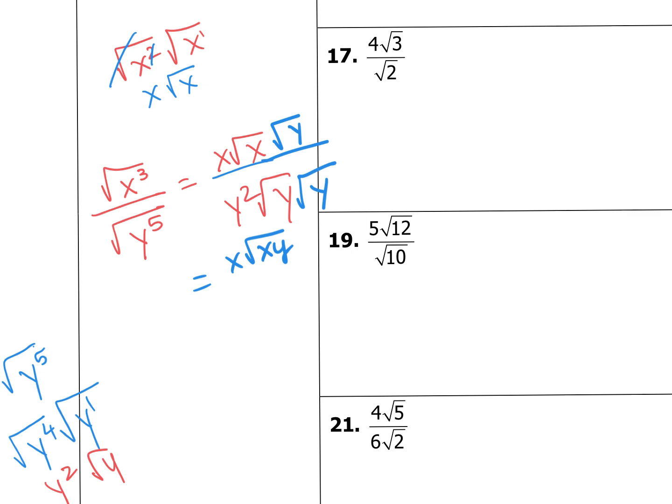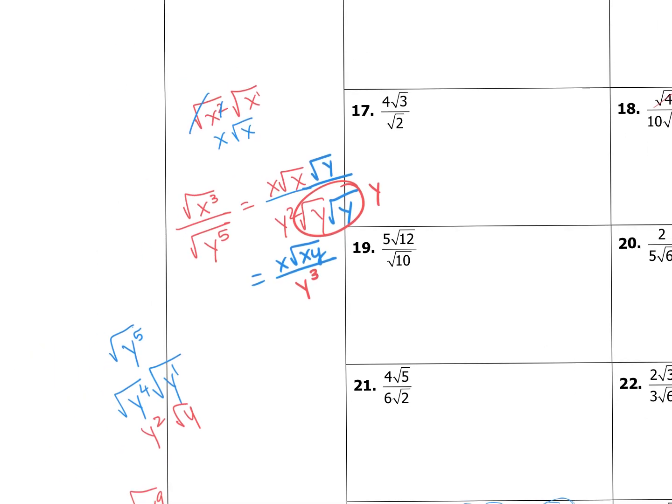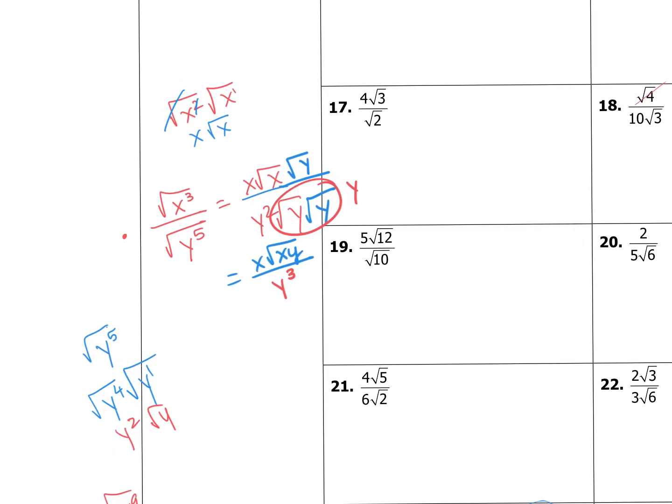You cannot do anything. The bottom, square root y times square root y is what? Is y. So y squared times y will be y to the power of 3. All right, so that's how you do one of the problems with the variable. So good luck.